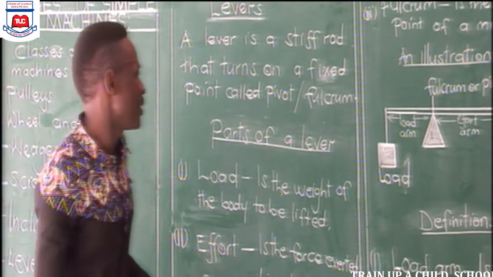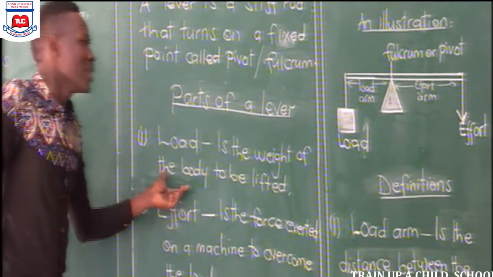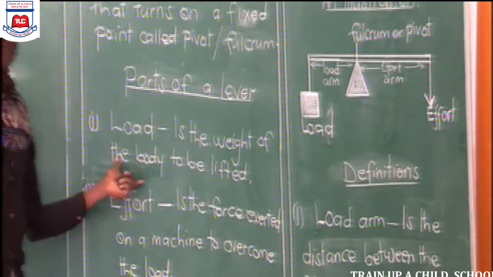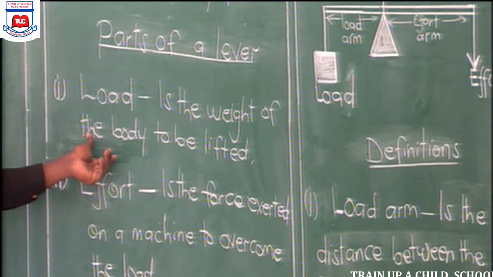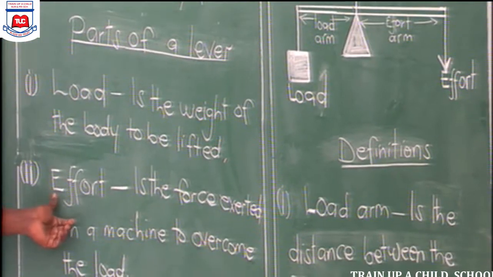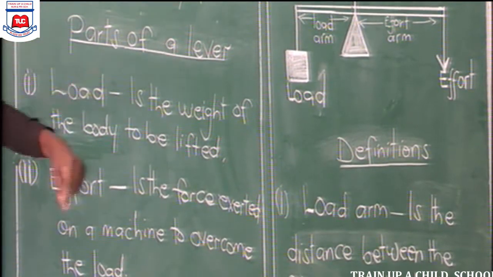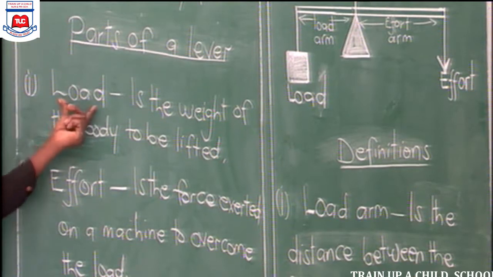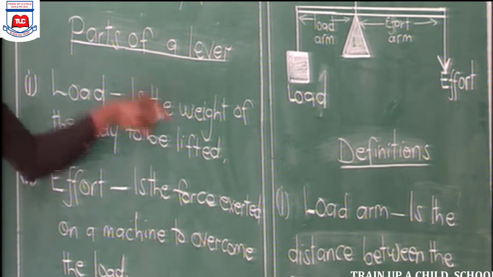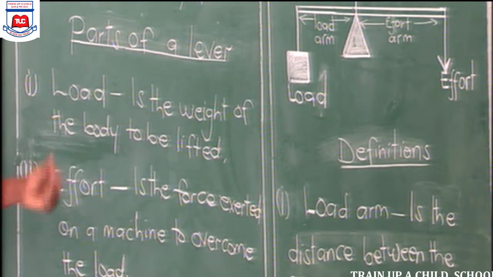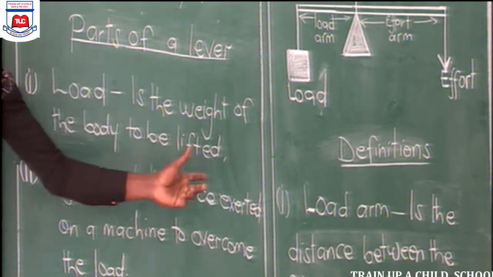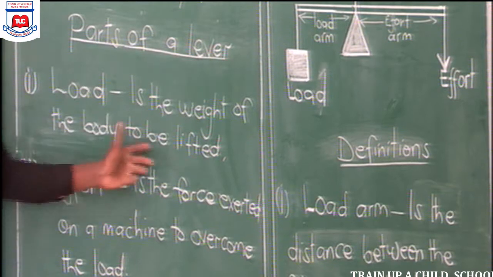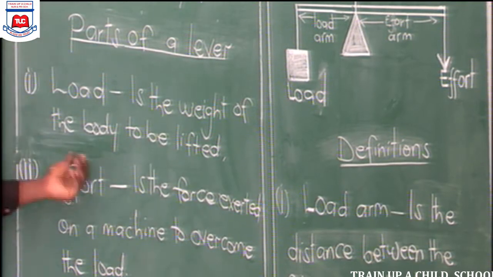It's just like in case we have a bag of 20 kilograms of maize flour and you would want to lift it, you use the effort, and the 20 kgs of the maize flour is the load, because that is the weight that you have to overcome using what? The effort. Therefore, we have the load as a part of a lever, which is the weight of the body to be lifted. As simple as that.